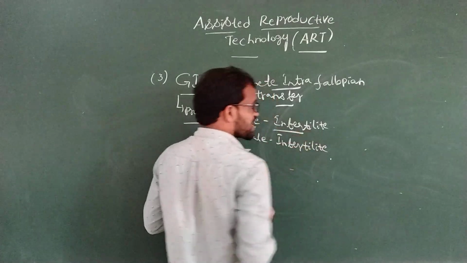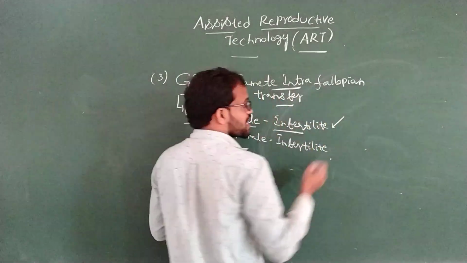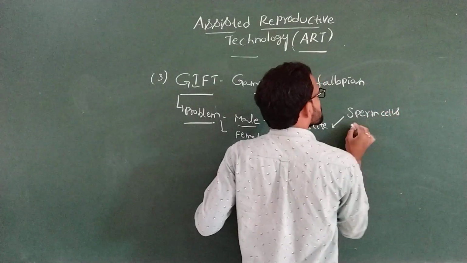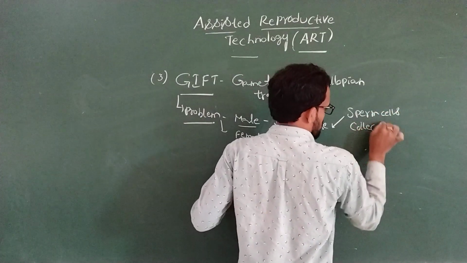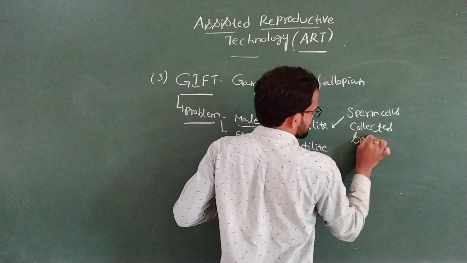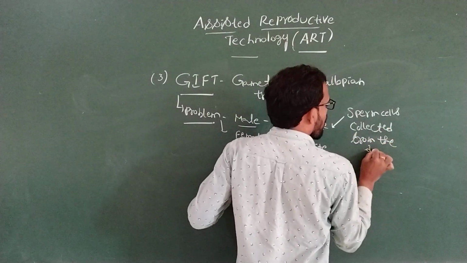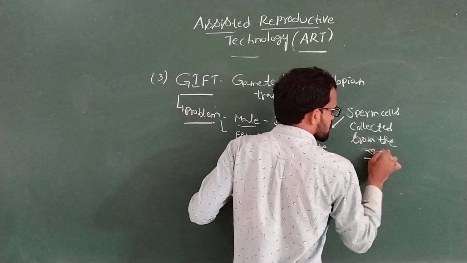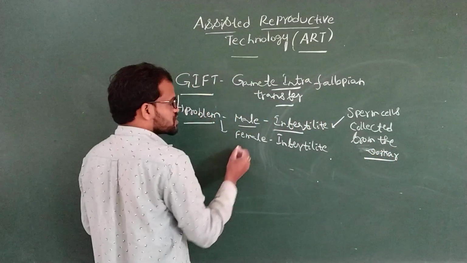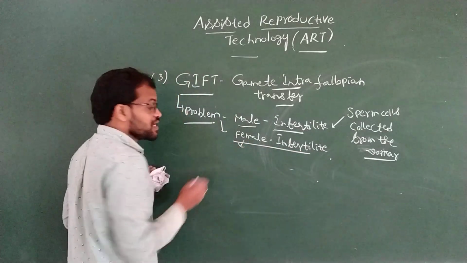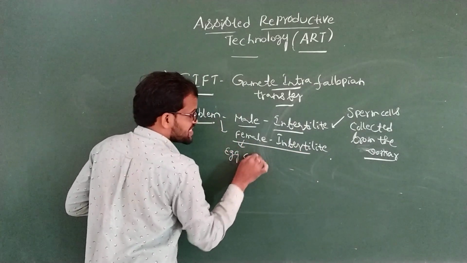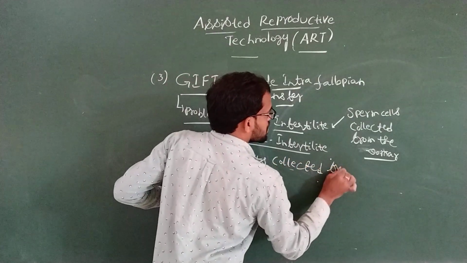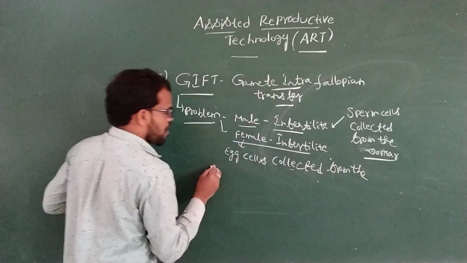Once the male is infertile, the sperm cells are collected from a donor. For example, if the female is infertile, the egg cells are collected from a female donor.